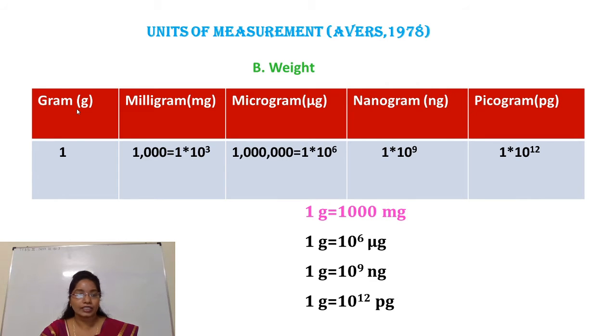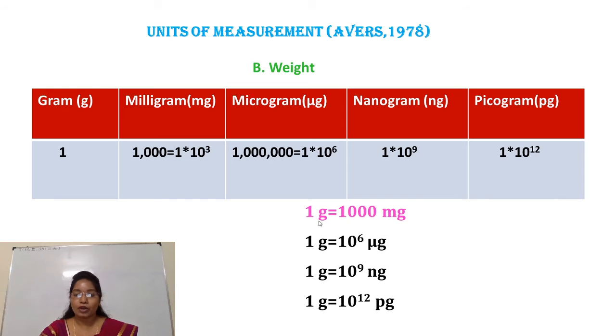In such case, 1 gram is equal to 10 to the power 3 milligram, that is 1000 milligram. 1 gram is equal to 10 to the power 6 microgram. 1 gram is equal to 10 to the power 9 nanogram. And finally, 1 gram is equal to 10 to the power 12 picogram.